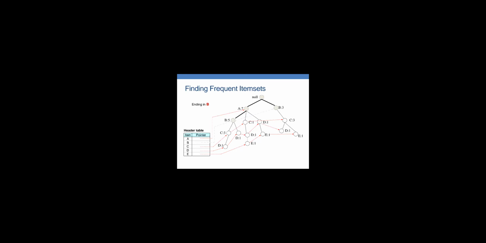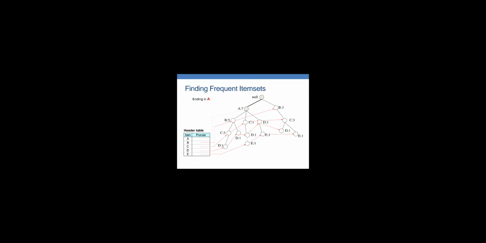We have to represent that line ending with B. Ending with A, you have to represent A as 7. So this is finding the frequent item sets.